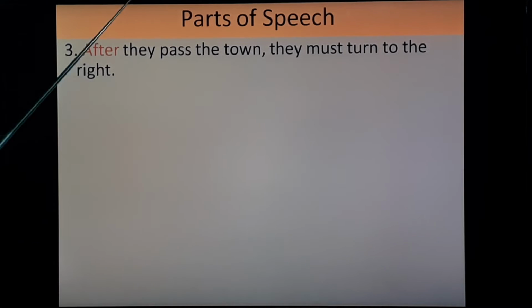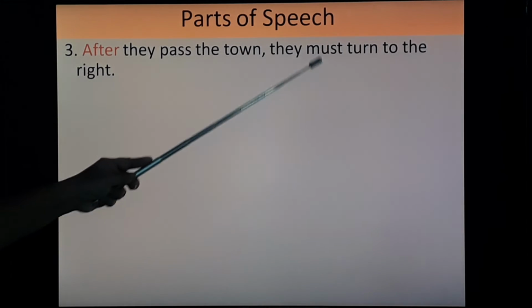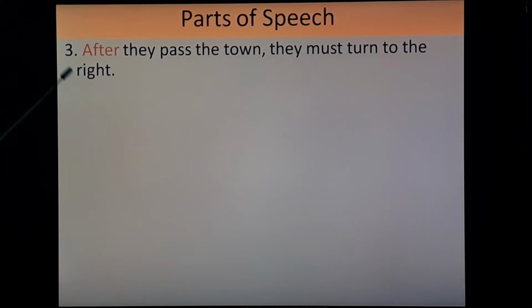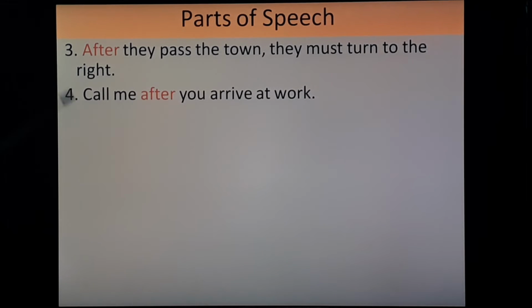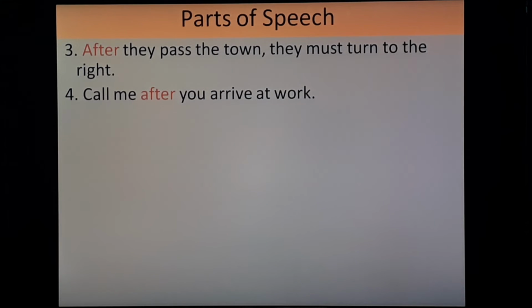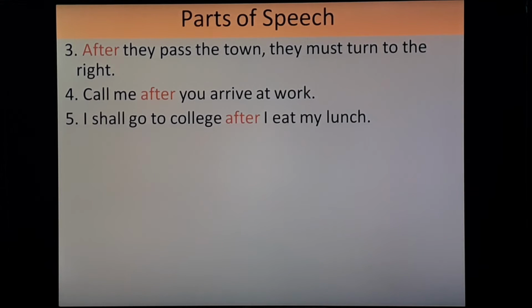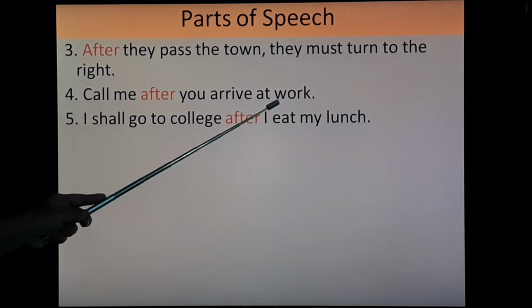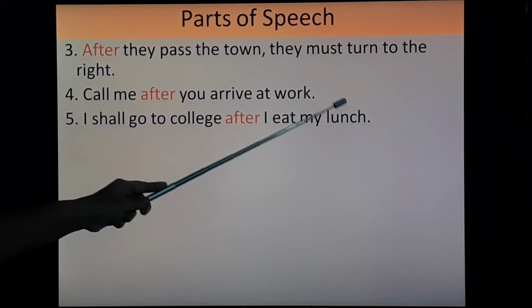After they pass the town, they must turn to the right. Next, call me after you arrive at work. Next, I shall go to college after I eat my lunch.